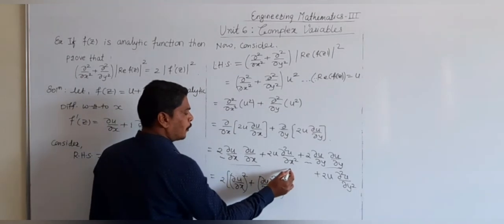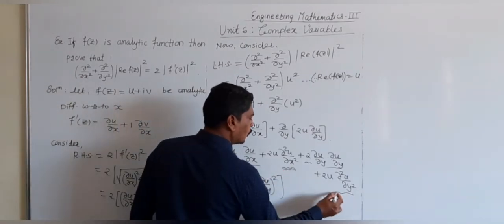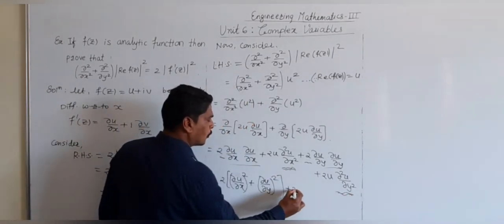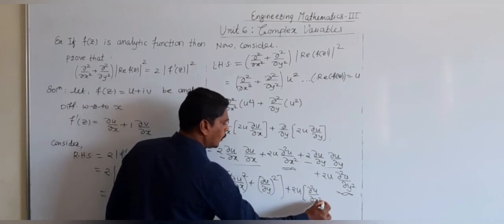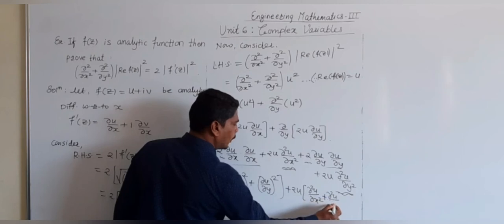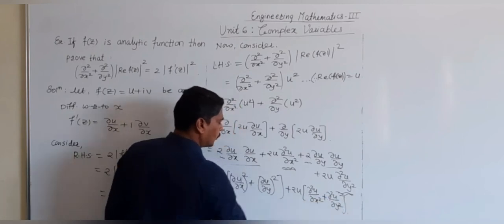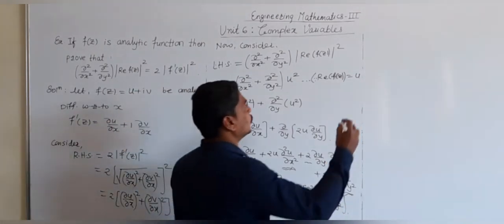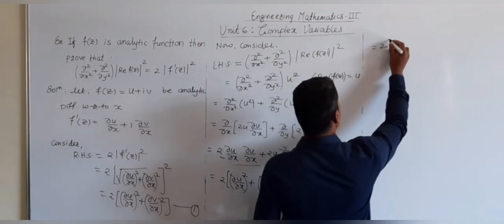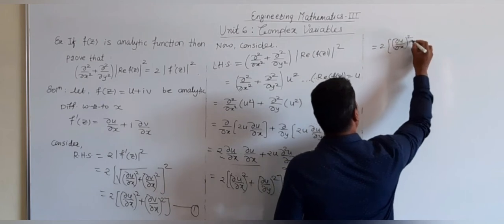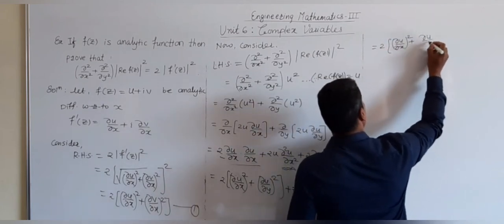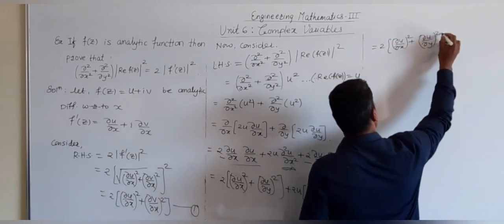And now in remaining equation 2u is common. So what is remaining, ∂²u/∂x² plus ∂²u/∂y². Okay, so in that way we get 2 times (∂u/∂x) its square plus (∂u/∂y) its square.